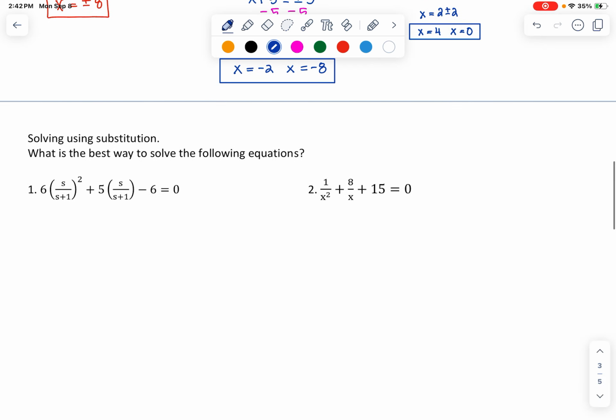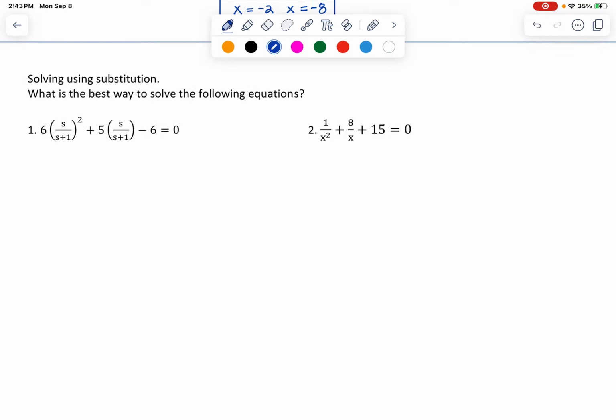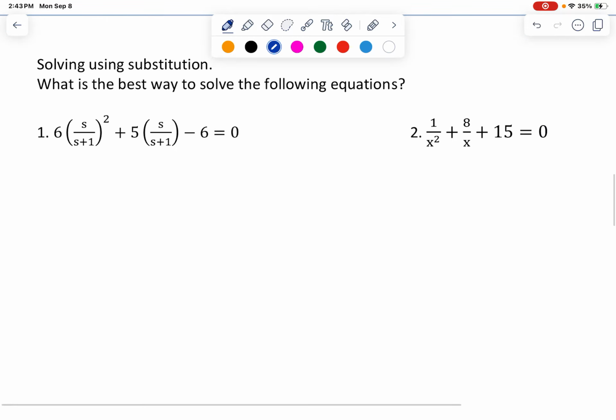And now we're going to look at solving by using what's called U-Substitution. So if you look at these two equations right here, my first thought is, ew. Okay, let's talk about what I don't like. I look at number 1 and I'm like, s over s plus 1, a fraction. But at least both of these have that fraction, right?